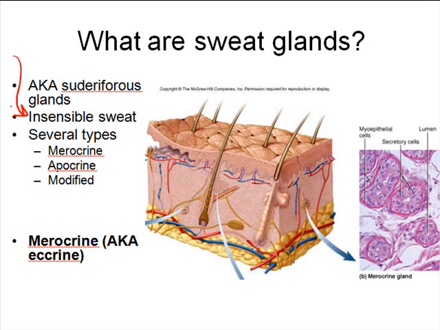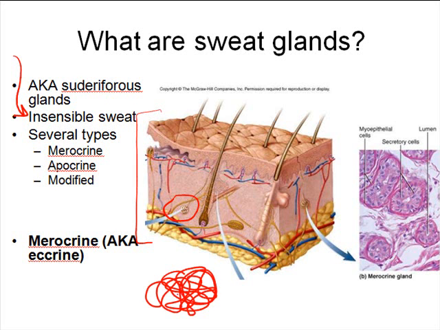Now, there are several different types of sweat glands, and the way that you find sweat glands when you're looking at a picture of the epidermis and dermis, as you see here, is you look for little coily-looking organs. They look like a bunch of rope coils all coiled up together, and then it reaches up to the surface. Here's another one right here. That's a very distinctive appearance to most sweat glands.